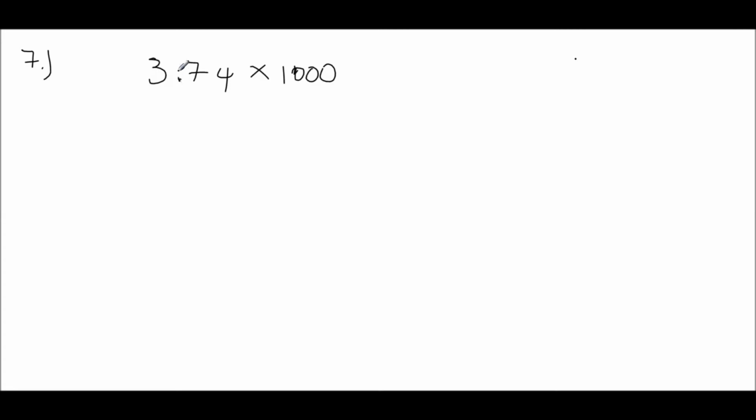So that would be 1 place, 2 places. You have to put a 0 here in order to get 3. So our new number would be 3740. Then you'd have the decimal point. So our answer, this would be 3,740.